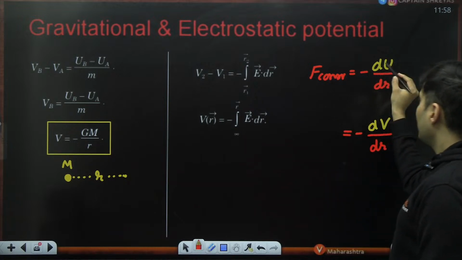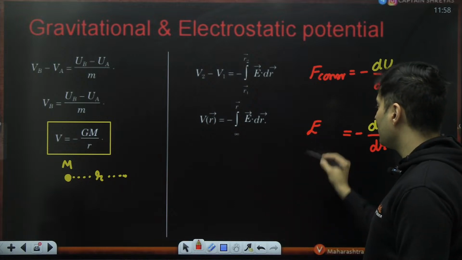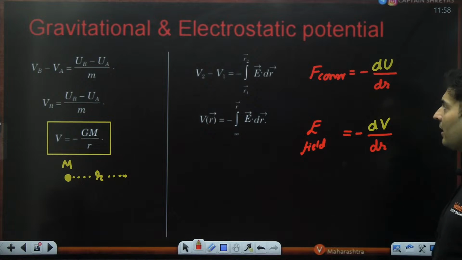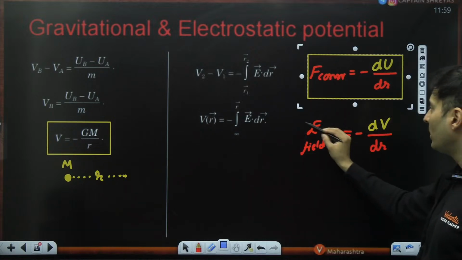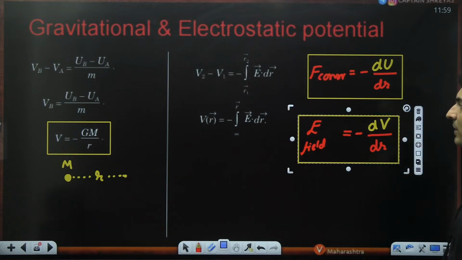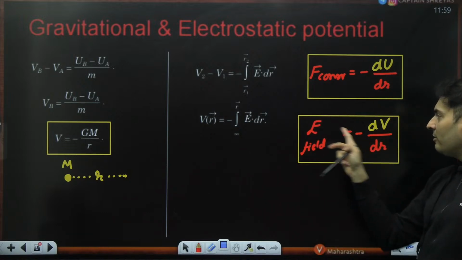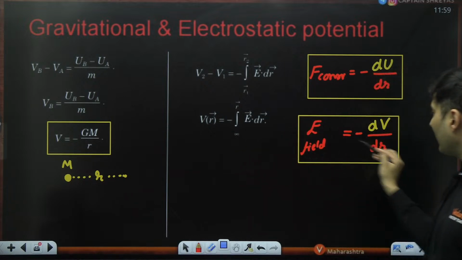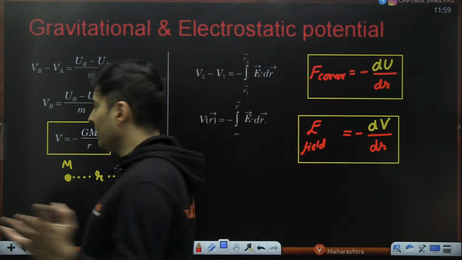Instead of force, I will get the field in general. So field is minus dV by dr or force is minus dU by dr. One and the same thing, guys. If I take dr on this side, dV will be E dr, and I can integrate it if I want. That is allowed, there is no problem with that.